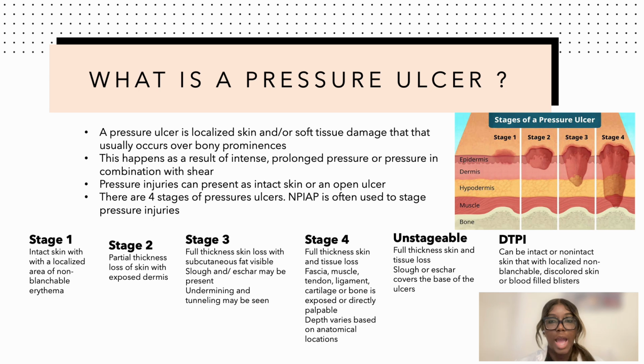The NPIAP is commonly used to diagnose the different stages of pressure ulcers. Down at the bottom, I have the different stages of pressure ulcers, as well as a short description of what each stage is like. And then over to the right, I have a picture of what the different stages look like.